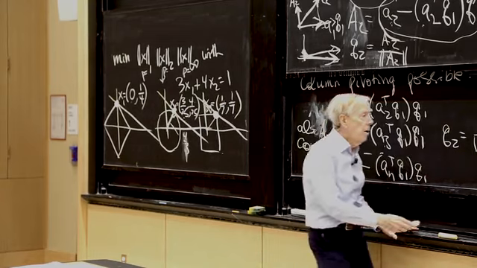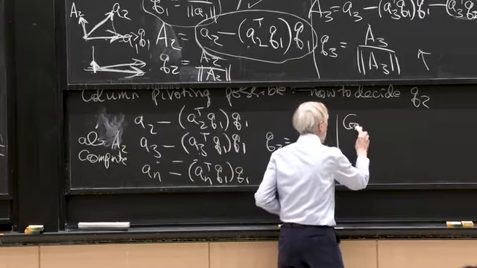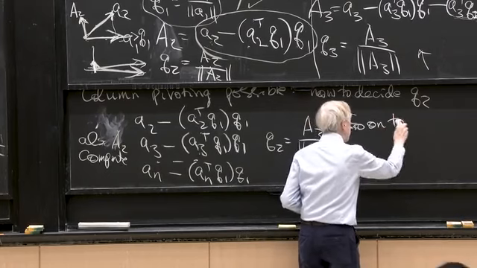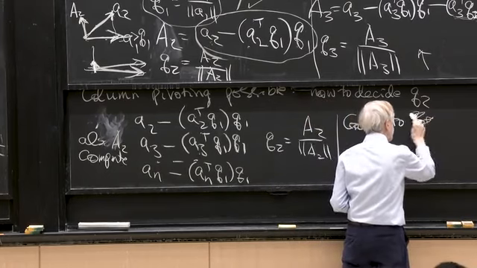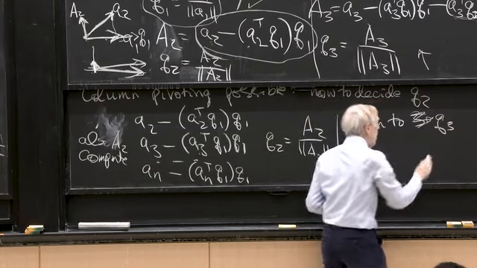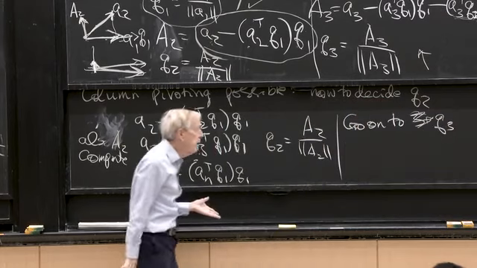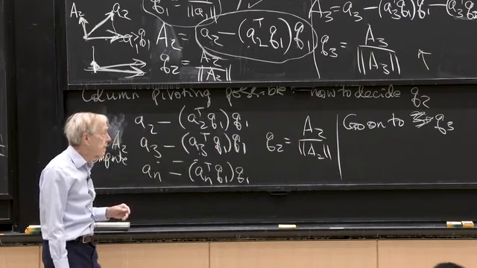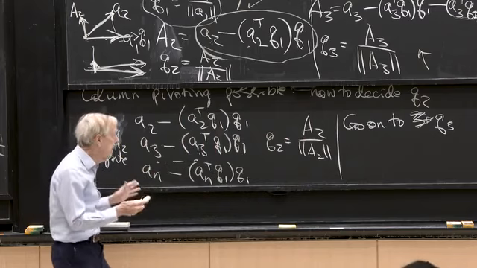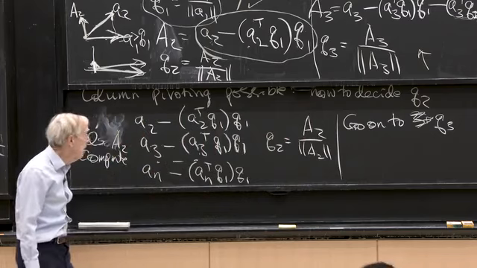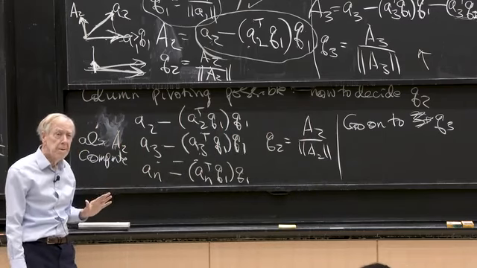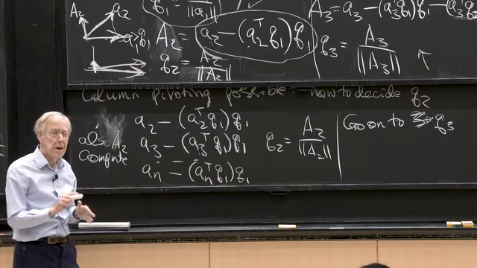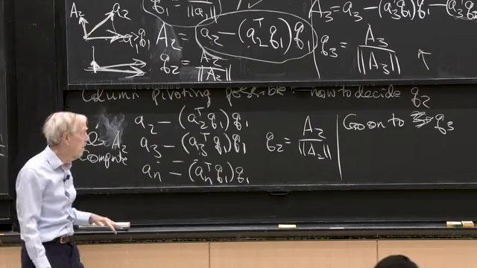And now I go on toward Q3. How will I find Q3? I want to pick the biggest column to work with, so I subtract off the Q2 components. This is easy to say, but I had never figured it out before.